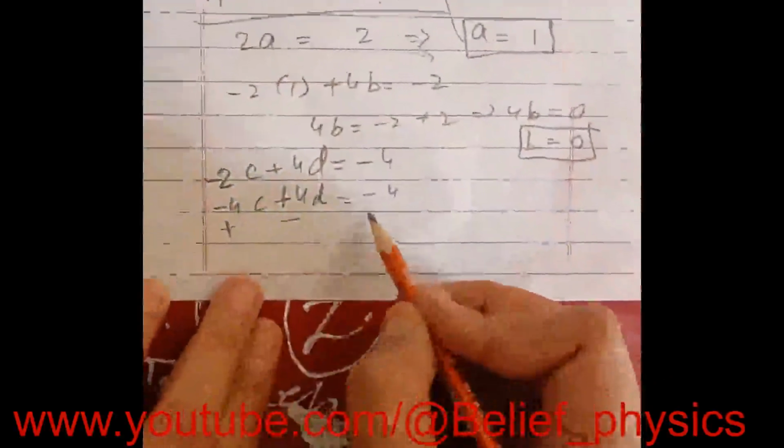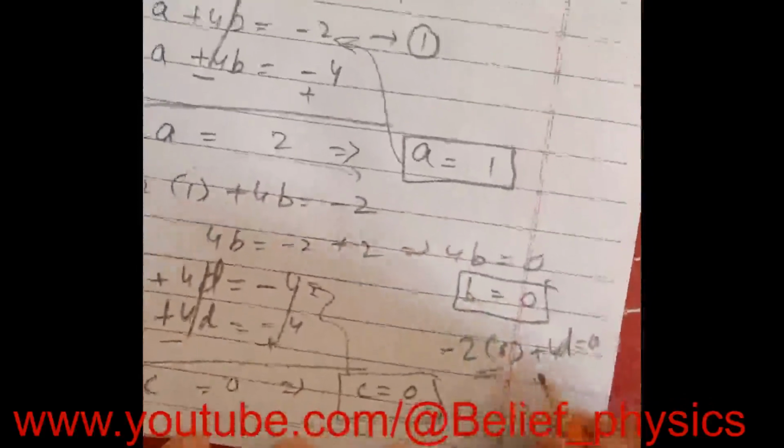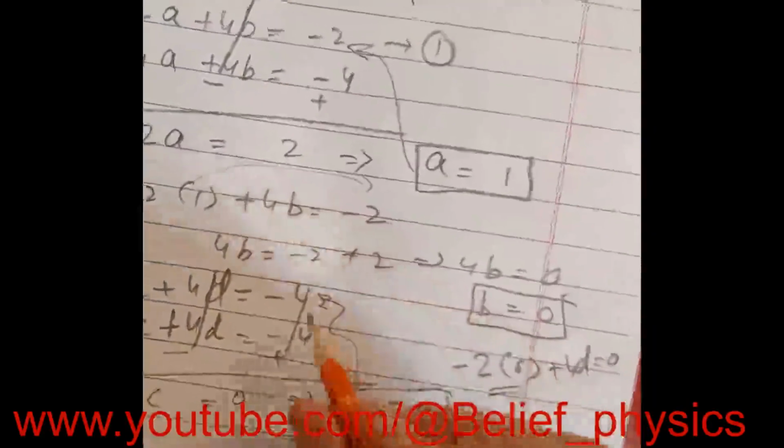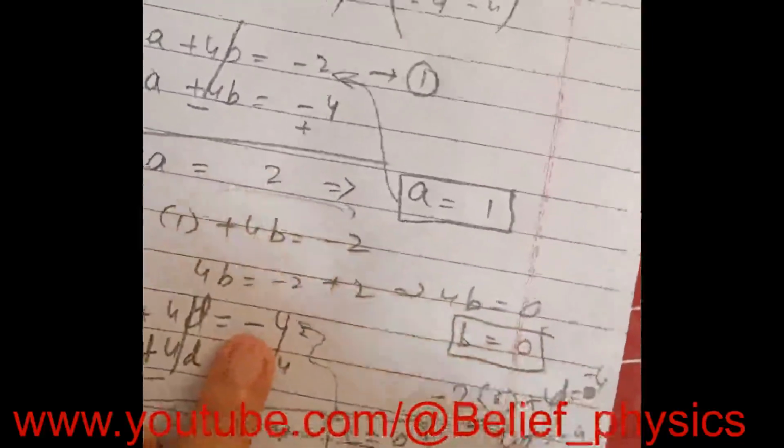So I subtract them, and the 4d terms cancel. 4c minus 2c is 2c, and the right side is equal to 0. So you get c is equal to 0. If we put c equal to 0 in any of these equations, then -2c, where c is 0, plus 4d is equal to -4, sorry. So 4d is equal to -4 and d is equal to -1.